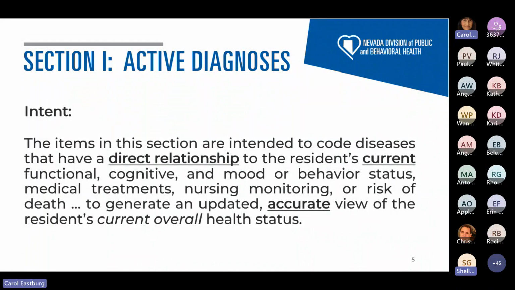The items in this section are intended to code diseases that have a direct relationship to the resident's current functional, cognitive, and mood or behavior status, medical treatments, nursing monitoring, or present a risk of death. And this is so you can generate an updated, accurate view of the resident's current overall health status.